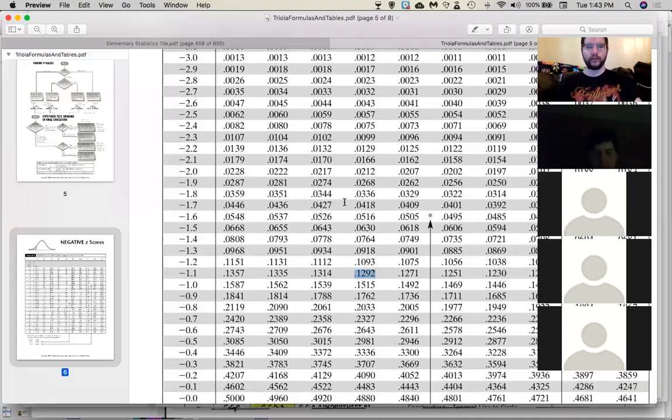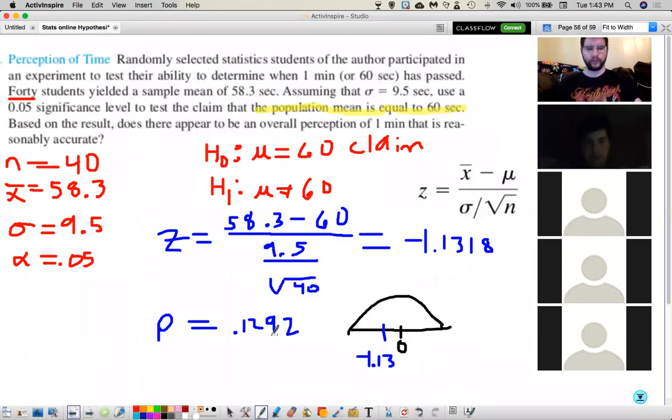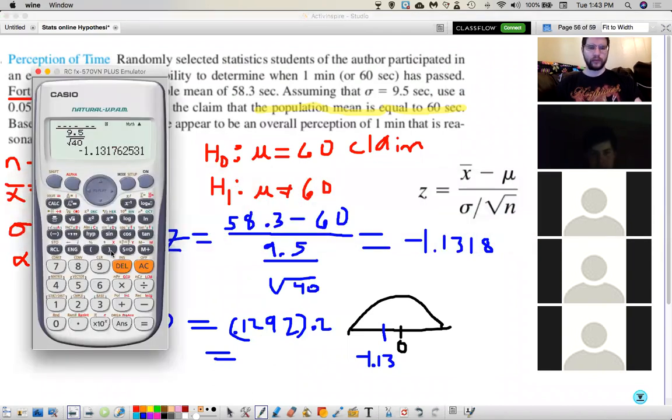So what we do, let's see. Oh, twice. So we've got to double that. So this times 2 will give me my p-value. 0.1292 times 2 is 0.2584.